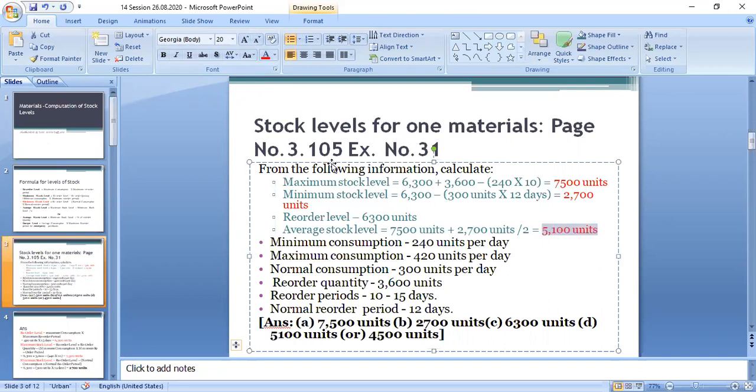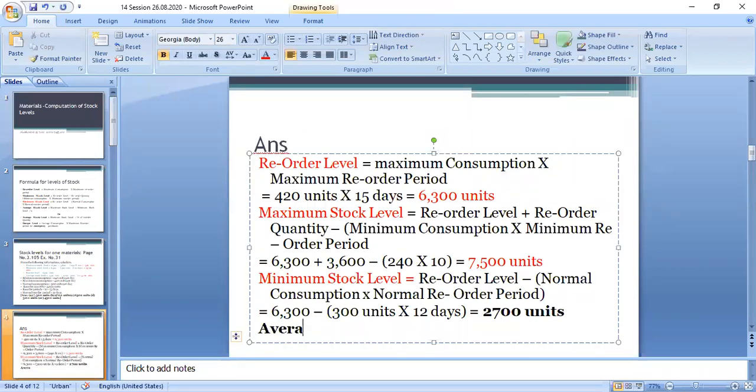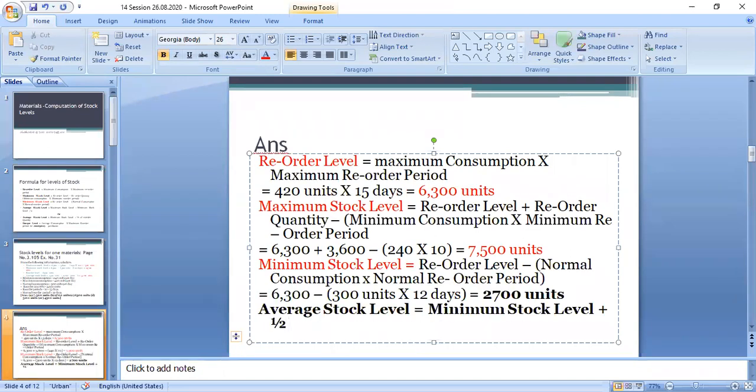For calculation of the average stock level, there are two formulas, so you can apply any one. For this other answer, you have to write the formula: average stock level is equal to minimum stock level plus 1 by 2 of reorder quantity.